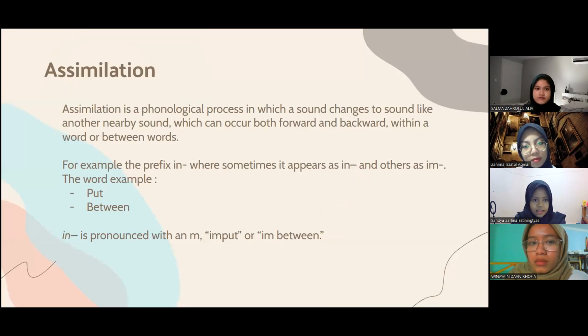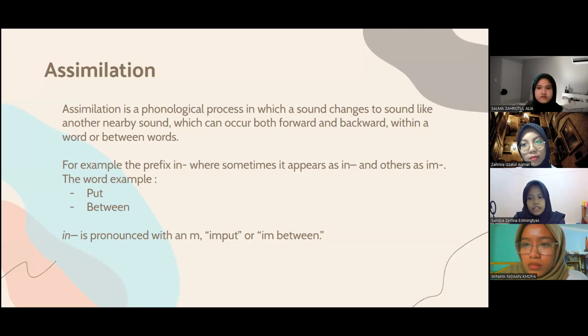So the next is types of phonological rules. The first one is assimilation. Assimilation is a phonological process in which a sound changes to sound like another nearby sound, which can occur both forward and backward within a word or between words.